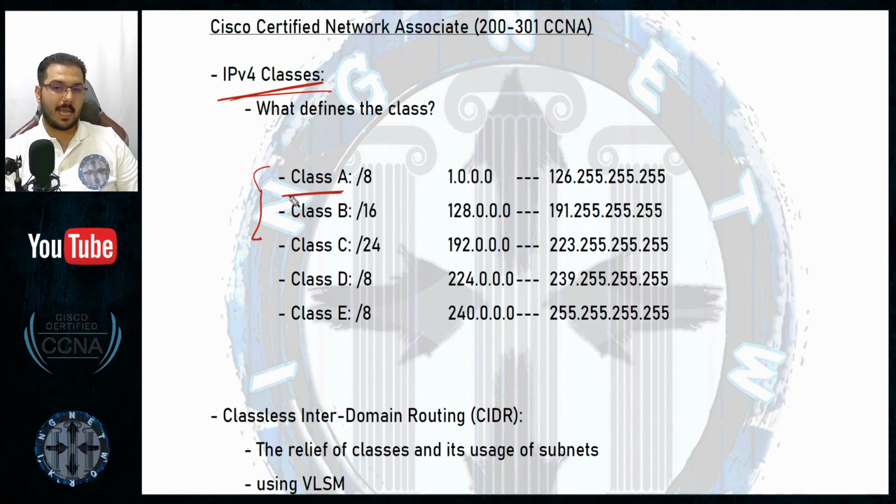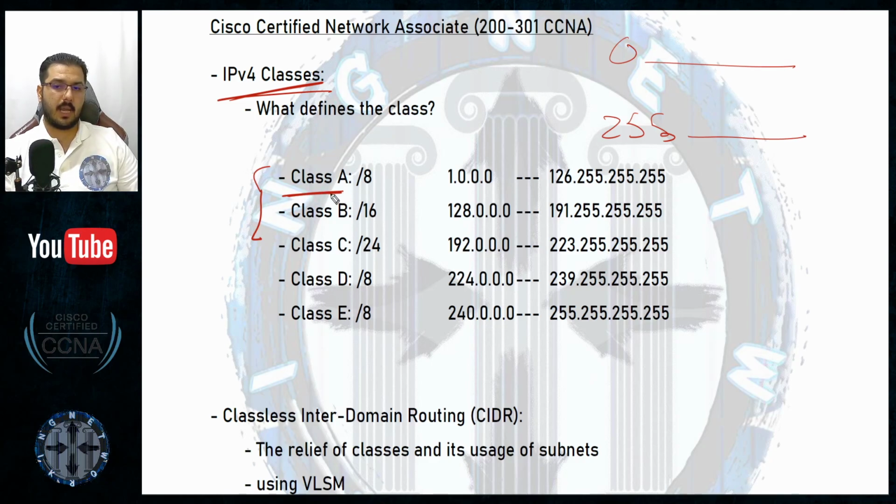Because for IP addresses, they can start from 0 dot something, and it can end with 255 all the way. So it can start from all zeros to all 255s, and the total will be 4,294,000,000 something. So when it was first released, it was released on 5 classes.